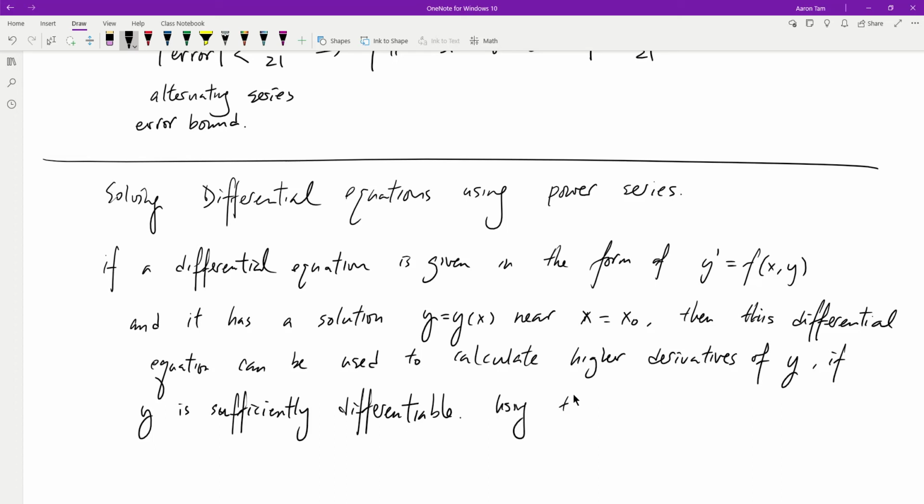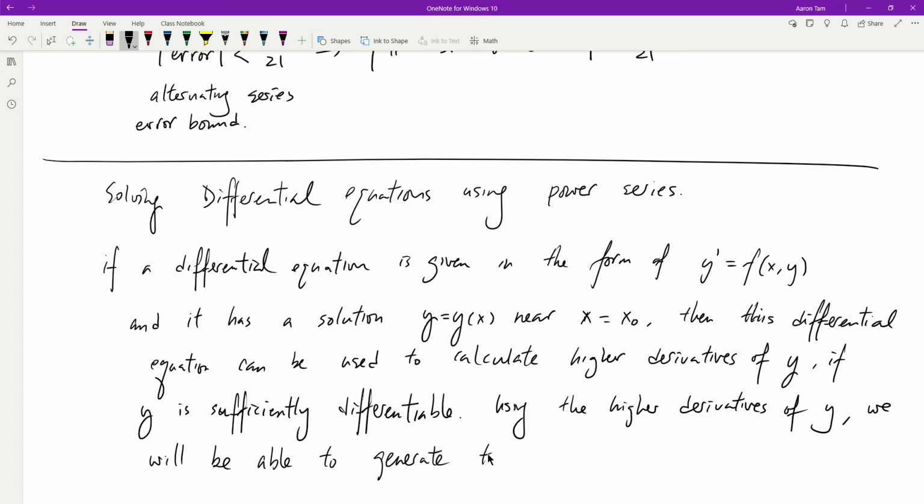Using the higher derivatives of y, we will be able to generate the Taylor series of y equal to y of x.